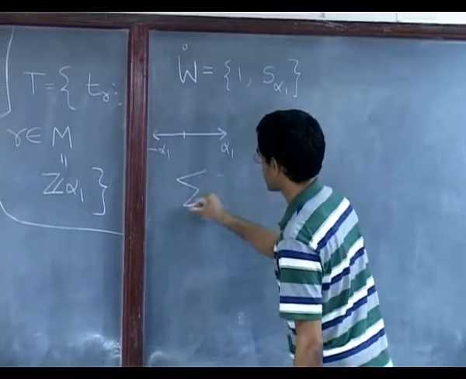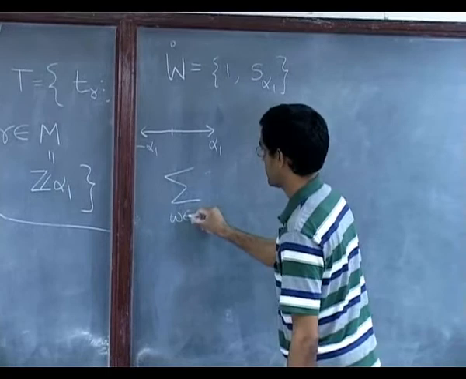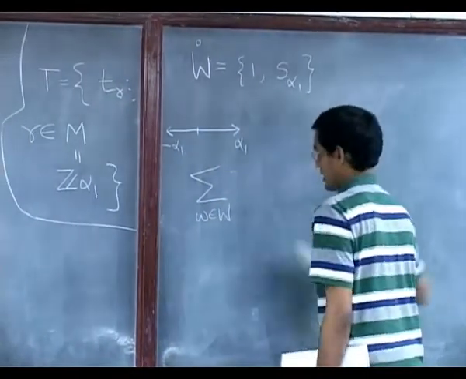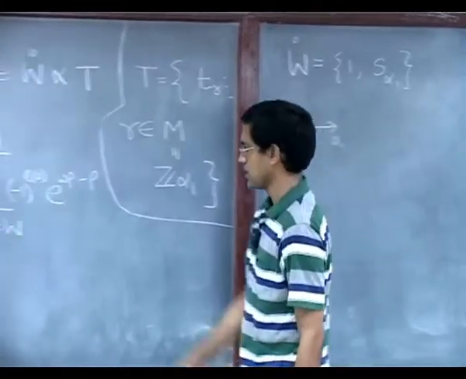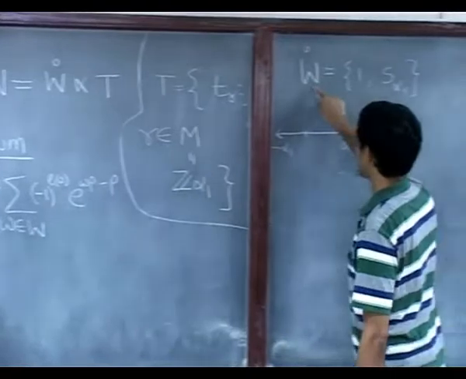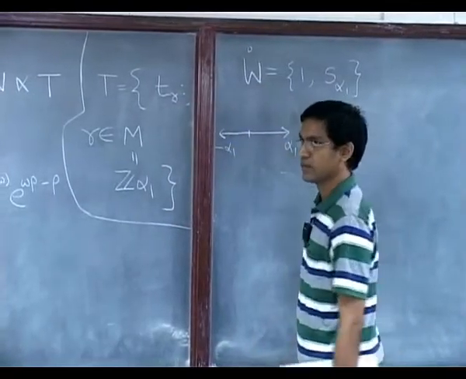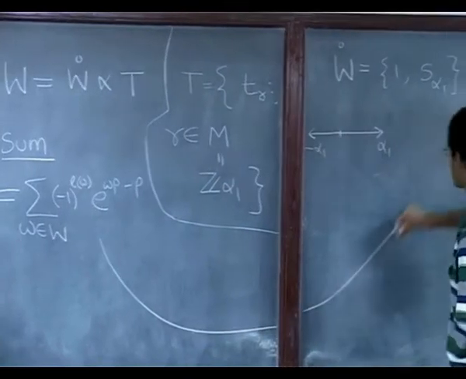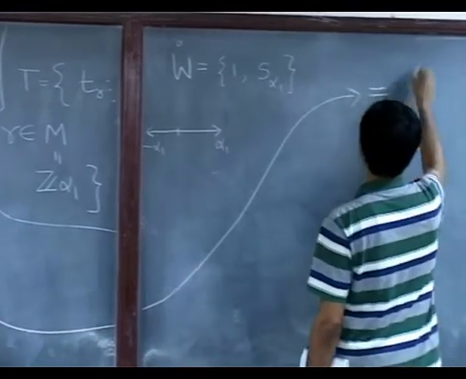Okay, so let us compute. I need to compute the sum for all elements of W. I will now split this sum. I will write every element of W uniquely as something in W naught times something in T. That is the basic strategy.